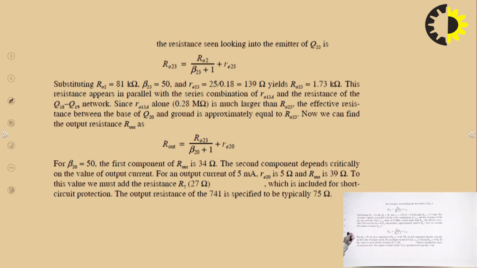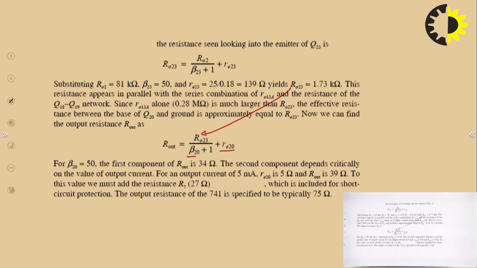And you know all these values, like you know RO2, you know beta 23, you have the value of RE23, so you can find out RO23, which is 1.73. If you put this value here, now you know RO23, you know the value of beta 20, you know the value of RE20, so you can find Rout, and Rout is 34 ohm.